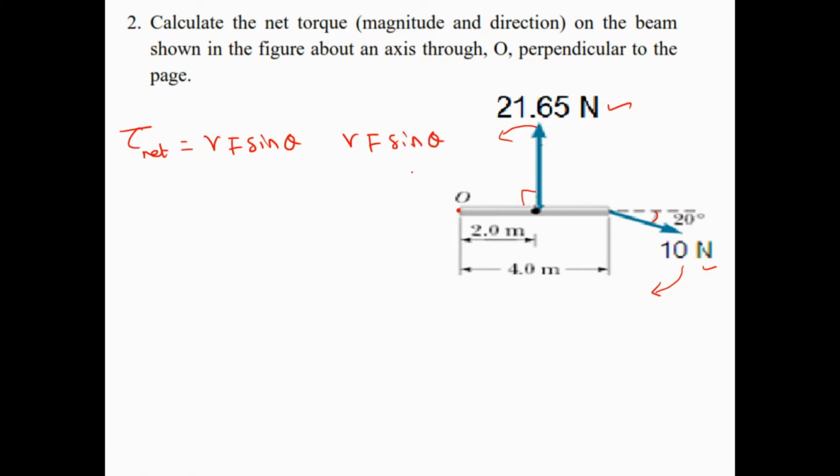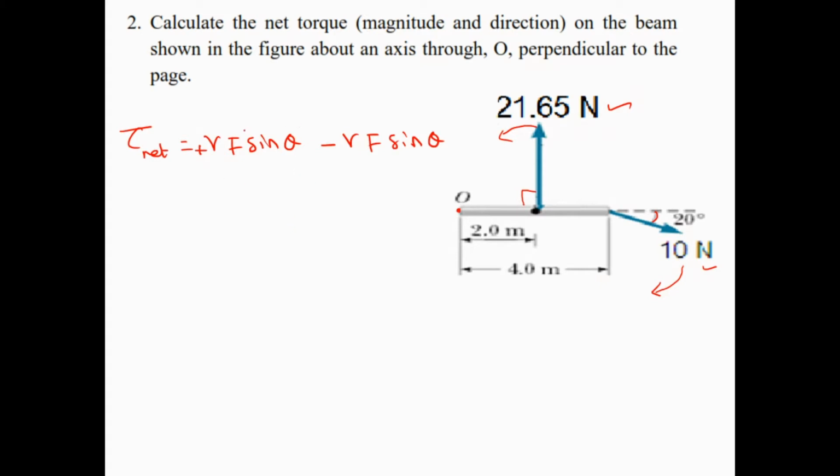Why did I just write it two times? Because we are going to use this rule for both forces. But we have to consider the sign. The 21.65 Newton force is moving in the counterclockwise direction, so it has the positive torque value. But this 10 Newton force is in the clockwise direction, so it has negative value.